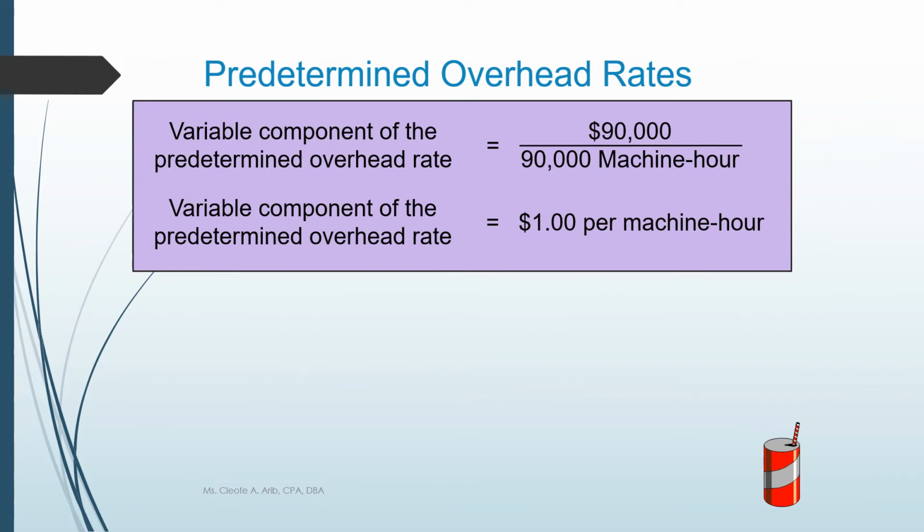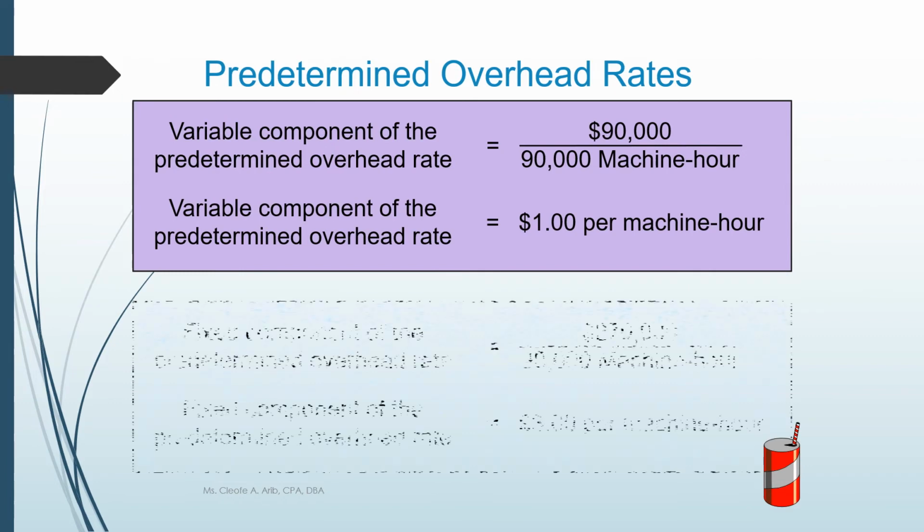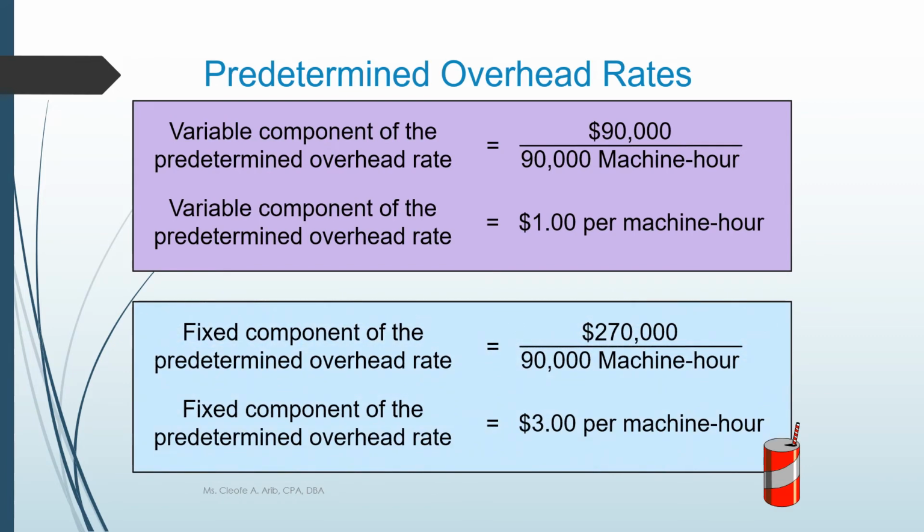The $4 per machine hour that we computed from the previous slide is your total predetermined overhead rate. If we break it down into its variable and fixed components, the variable is $1 per machine hour, computed as follows: $90,000 divided by 90,000 machine hours. And then for the fixed component, that will be 270,000 divided by 90,000 machine hours. Where did these come from?